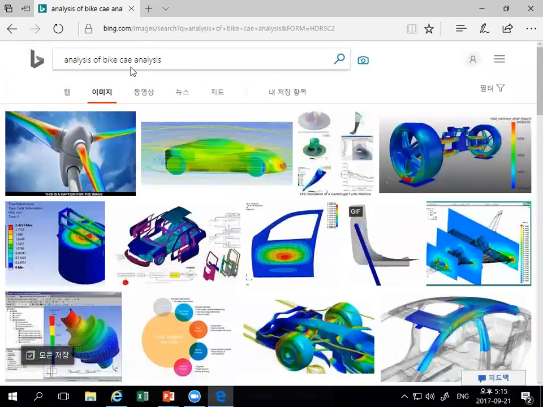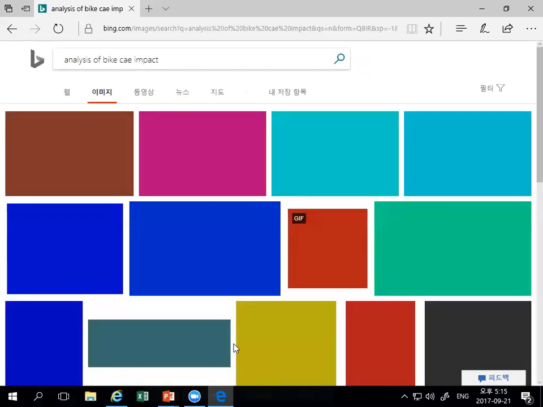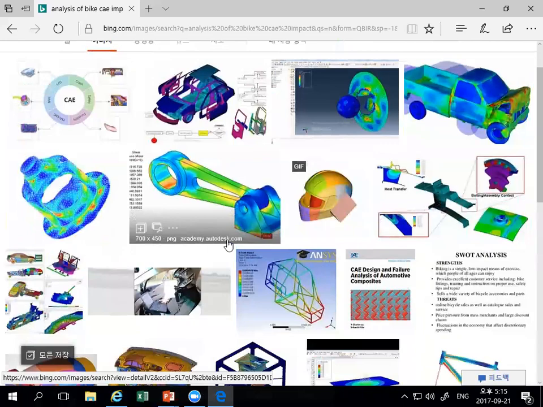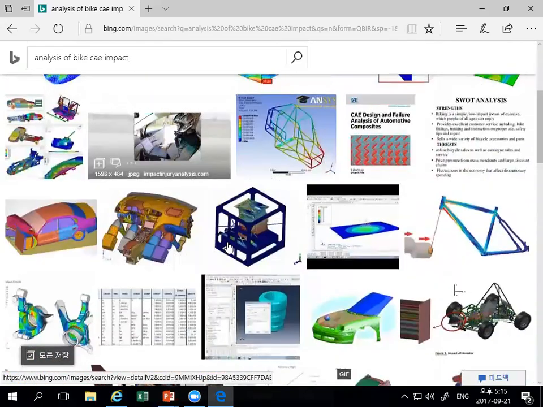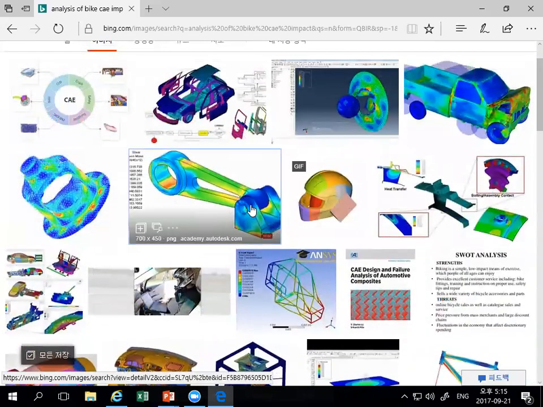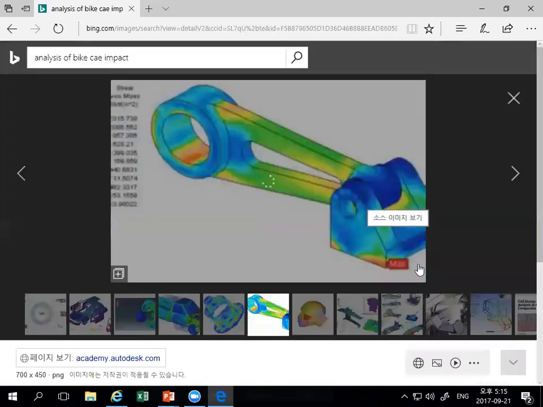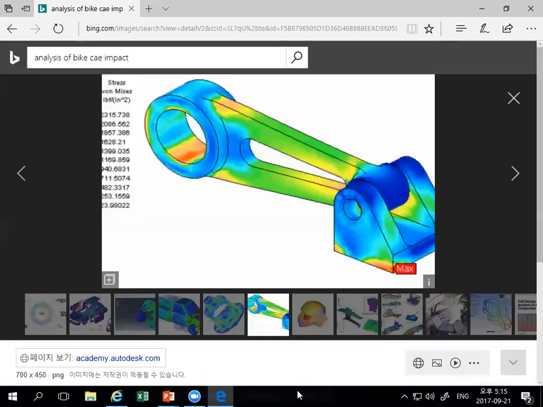Look, no bike. But it's okay. Somehow we don't have a bike, but any component is okay. Do you see this color? Yes, you see this color, right?